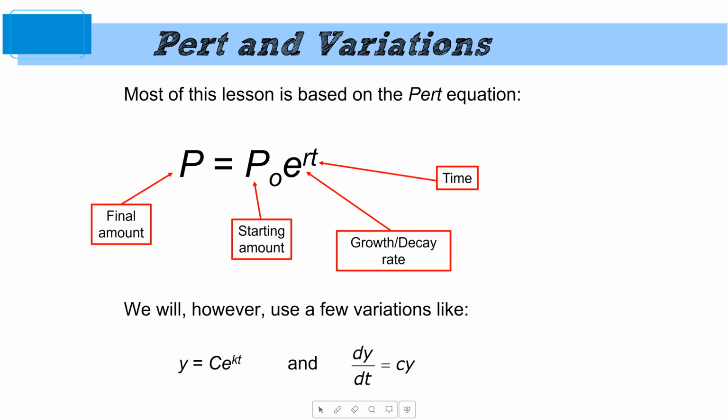If you know 3, you then need to know how to solve for the one that you're missing. If you don't know capital P, you just plug and chug into your calculator. It's not rocket science. If you don't know P naught, that's also not difficult to solve for. Not knowing R or T will require a little bit more work on our part, which we'll go over as we go through these problems.